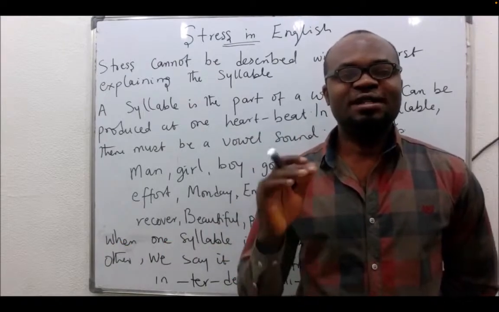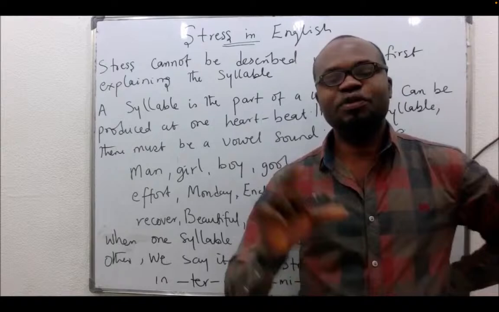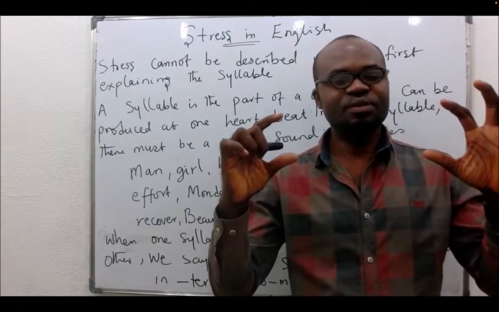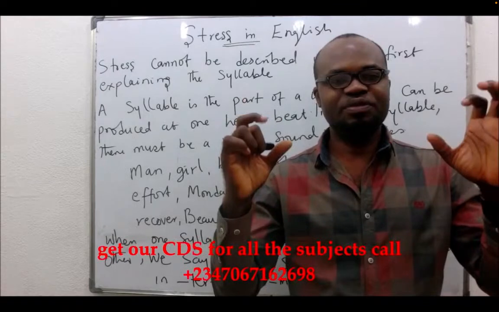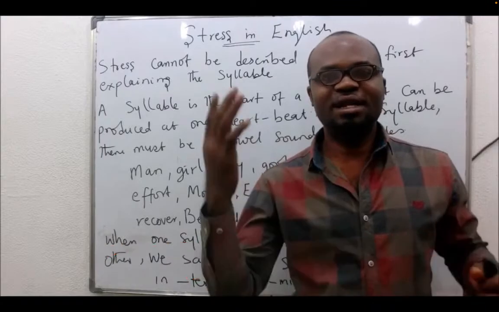For you to understand stress very well, first of all, you need to know about syllable. We need to discuss syllable. What is syllable? When you pronounce an English word, the sound or the pronunciation that is done in a go, we call it syllable. Let's say you say man. Man has one syllable.